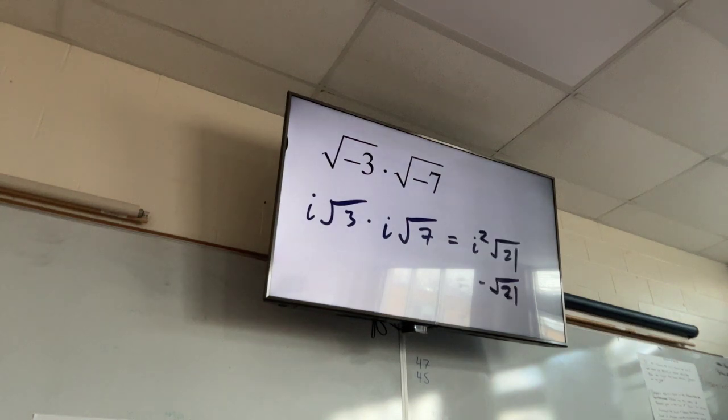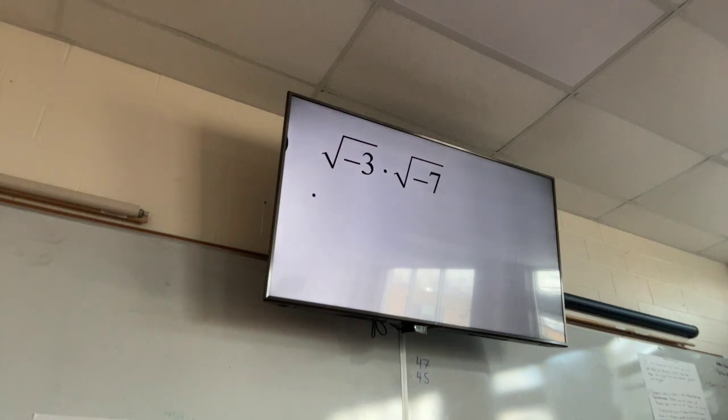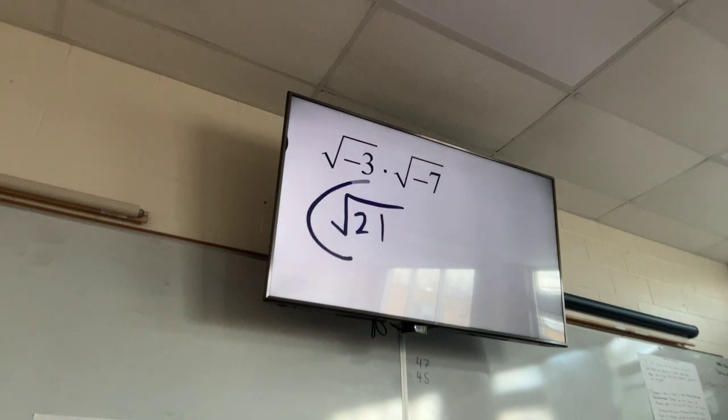You might think of it that way, okay? What's going to be easier here is I can just combine these two radicals into one. So just do negative 3 times negative 7, you get square root of 21. Okay, that's it. So what happens there is when you multiply, the negatives cancel each other out. You actually end up getting just a regular positive radical.